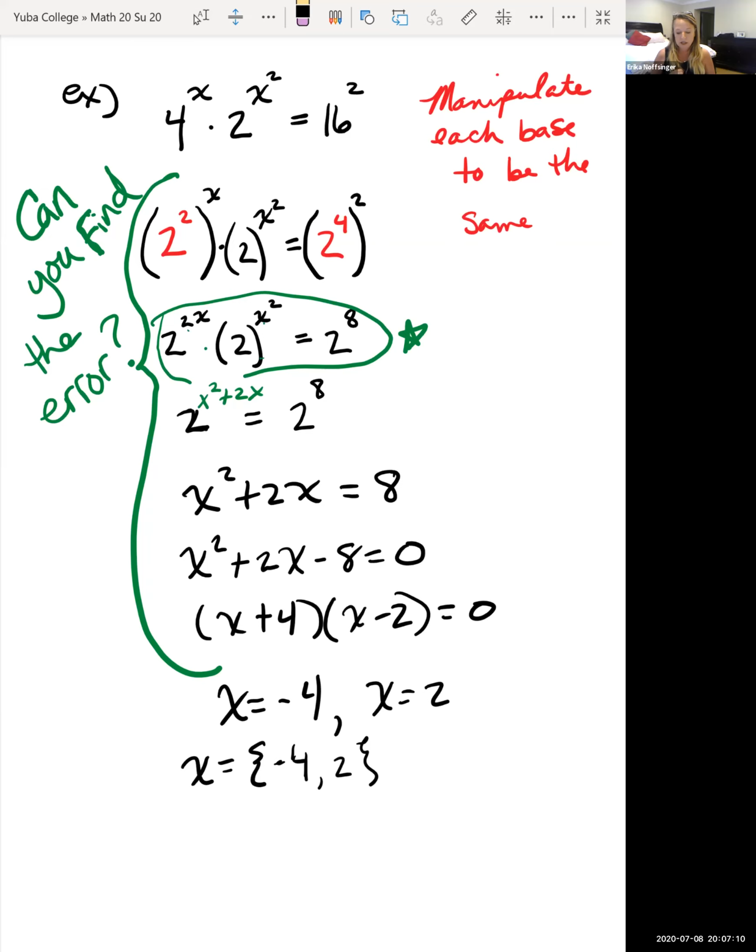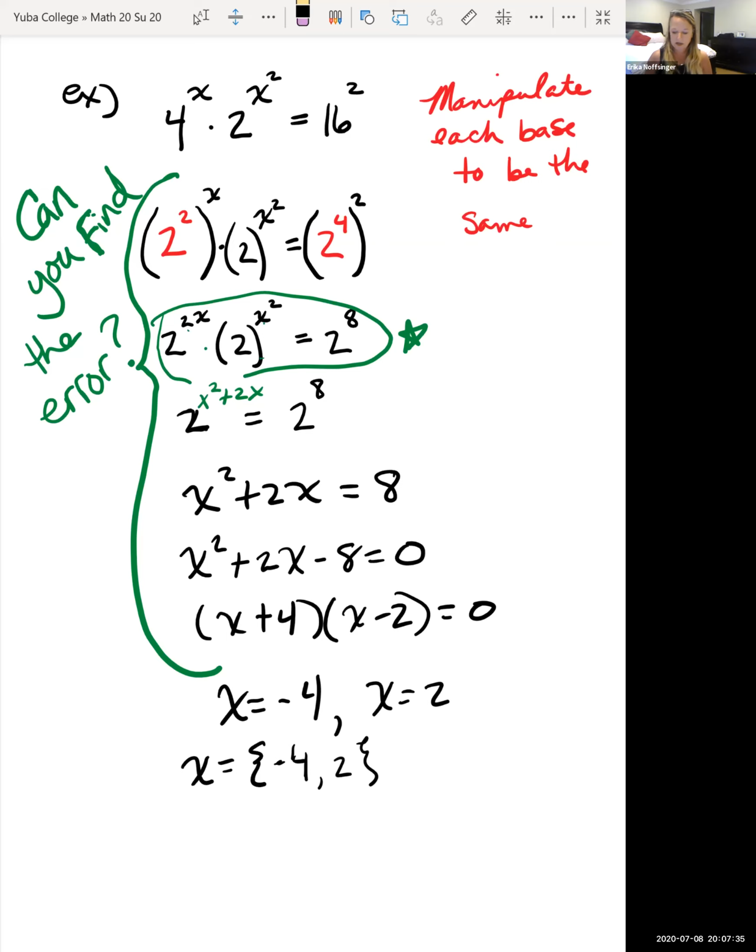So we were just looking at exponential functions, solving exponential functions. So right now we could only solve exponential functions where we can manipulate the bases to be the same. Our problem is if we can't manipulate the bases to be the same, we're trying to solve for variables that are in the exponent. And so this is where logarithms come in.